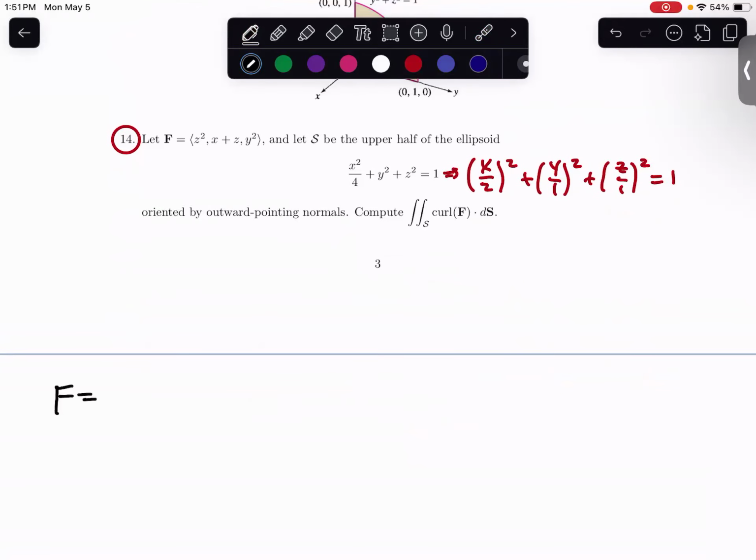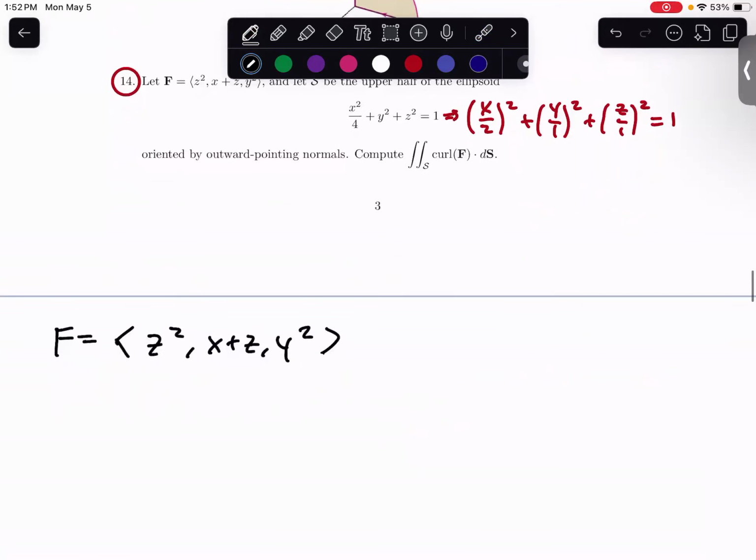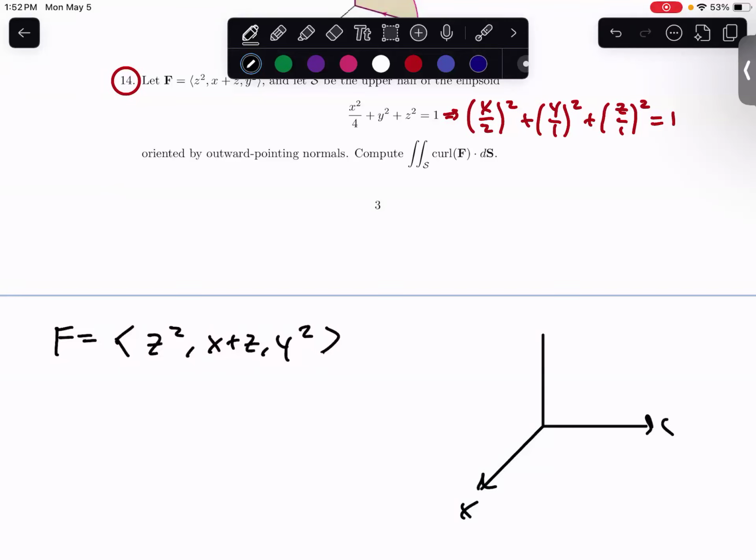Actually, I'm going to rewrite this again so I don't have to scroll up and down over and over again. So this is z squared, x plus z, and then this is y squared. So let's draw a picture of what we're actually integrating over. So this is going to be the ellipsoid. So this is x-axis, y-axis, and then the z-axis, right?